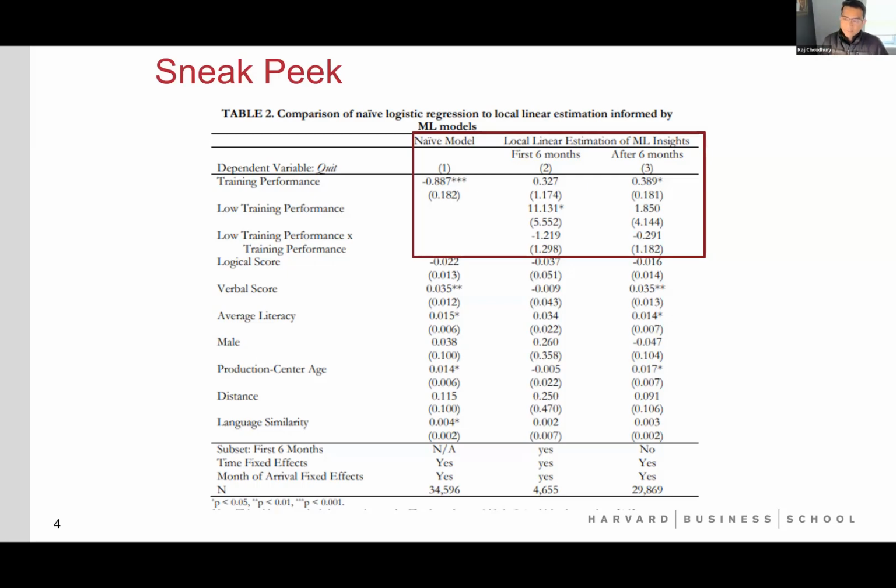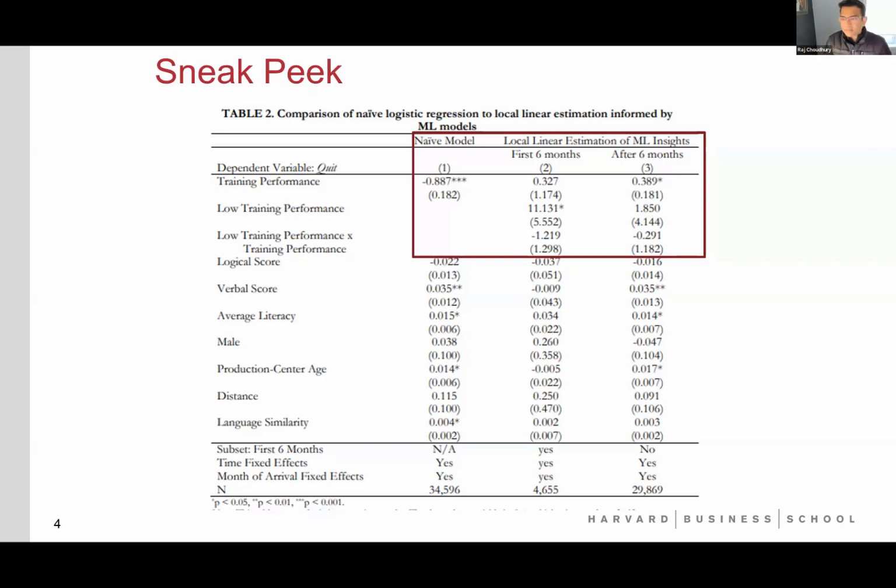So after 6 months, the people who received high performance scores in training are more likely to leave. So the story becomes more nuanced: the firm is able to use the training exercise as a sorting mechanism, finding the left tail of the distribution, but those in the right tail take advantage of the training, and then they are more likely to leave.